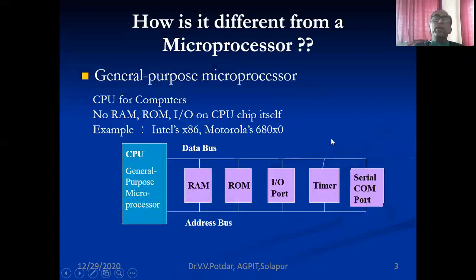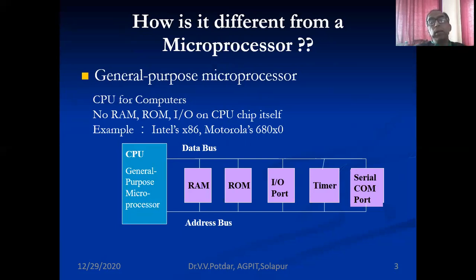So how is it different from a microprocessor? We have seen that a general purpose microprocessor, which is a part of the CPU of a computer, has no RAM on the microprocessor chip. You have to have a separate RAM slot and a RAM. Then we need separate ROM and separate input output. These are separately required.